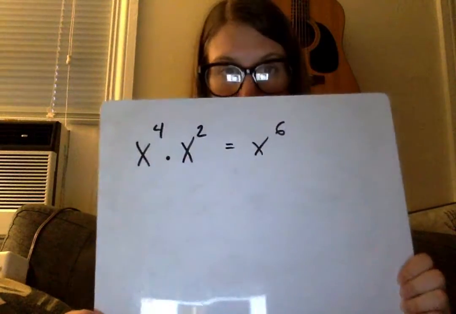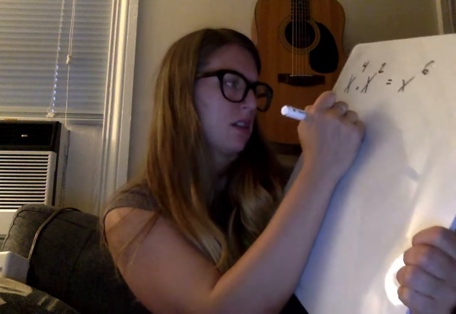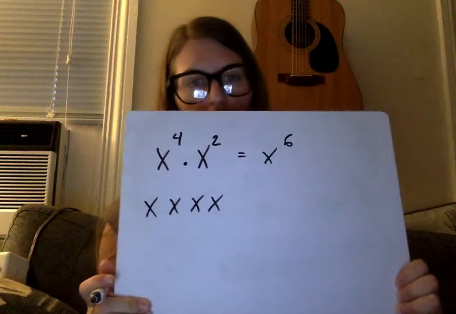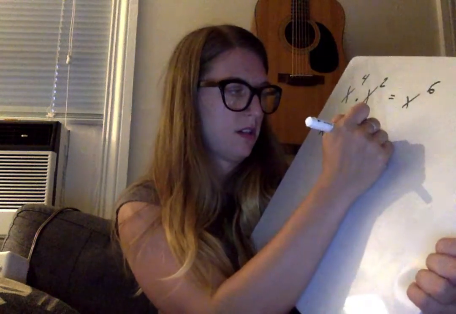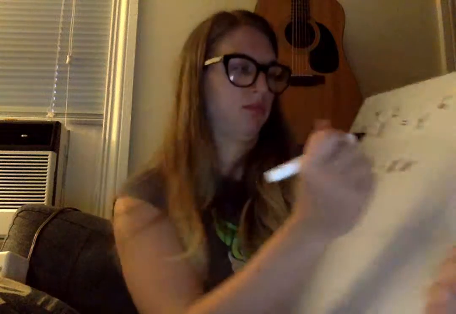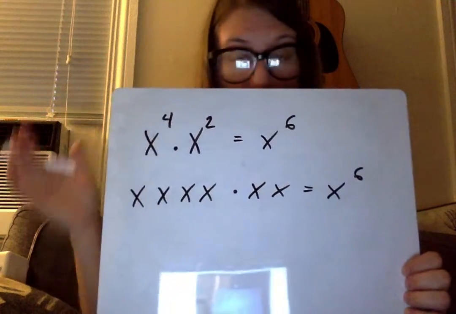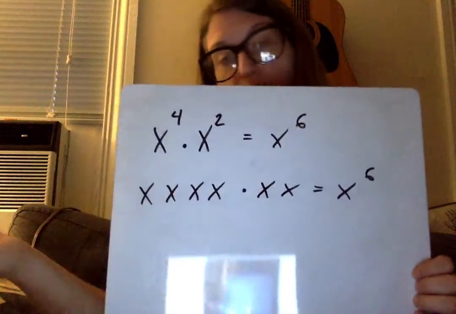And the reason why this works is because x to the 4th is x times x times x times x. And x squared is x times x. If you just count them up, there's 6 of them. So if it helps to write it out so you know not to multiply them, feel free to write it out.